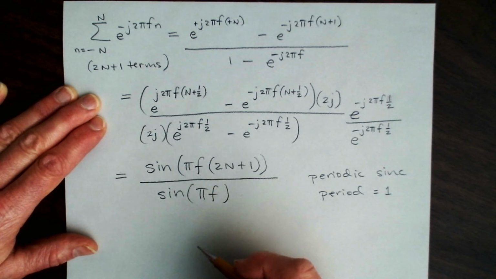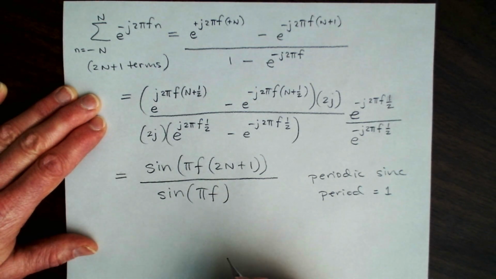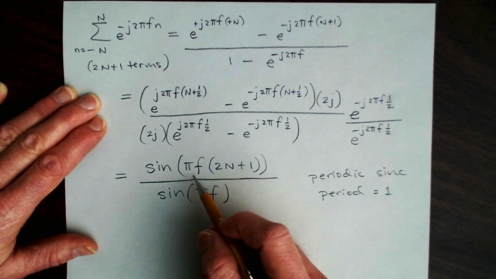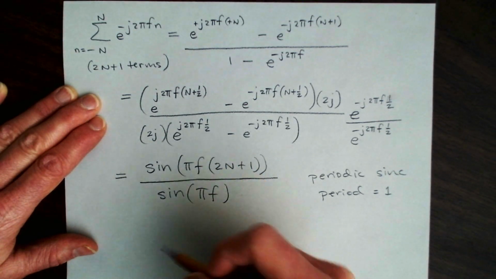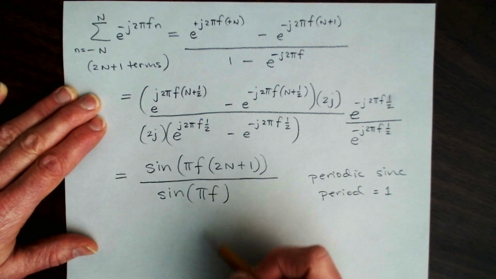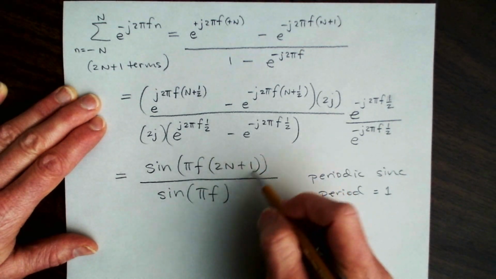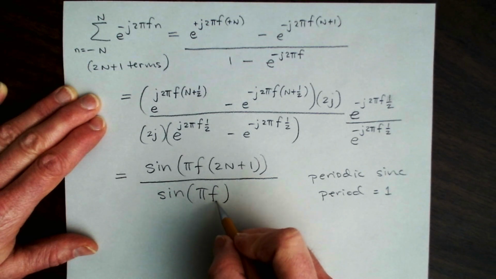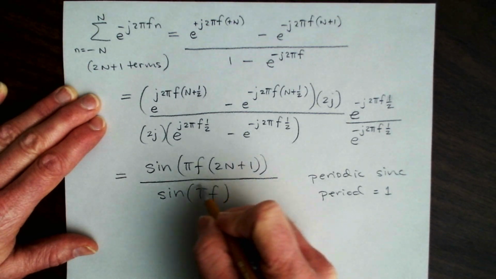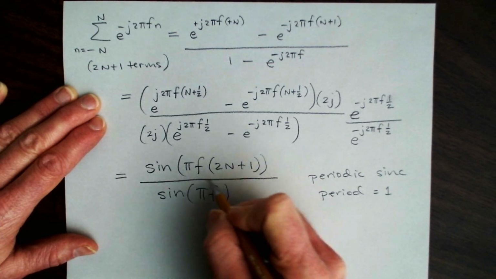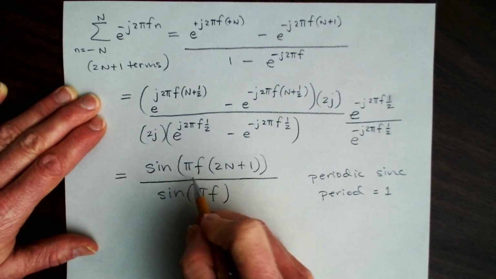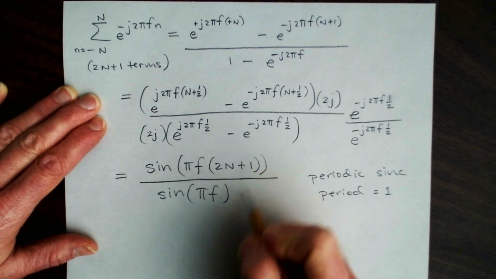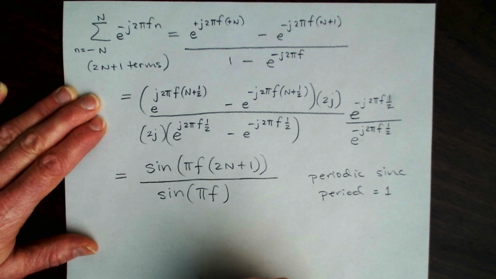Notice that this is a ratio of 2 sines, which is a strange sort of a function. But notice that the sine in the top is oscillating more quickly than the sine in the denominator because we have the scale factor here inside the argument. So while this one goes through a single period, this one is going to go through 2n plus 1 periods.